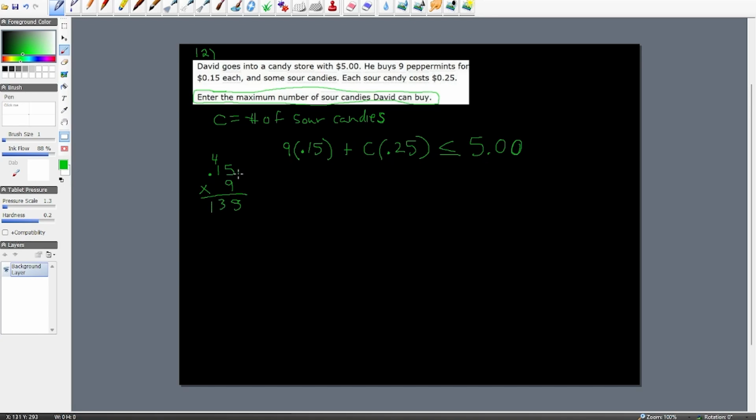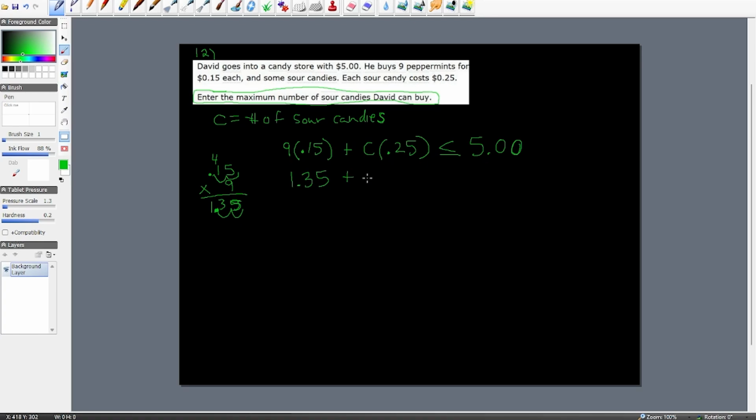Then we'll count the decimal places. 1, 2. So it's 1.35. Okay. So in total, he spent $1.35 on those 9 peppermints.